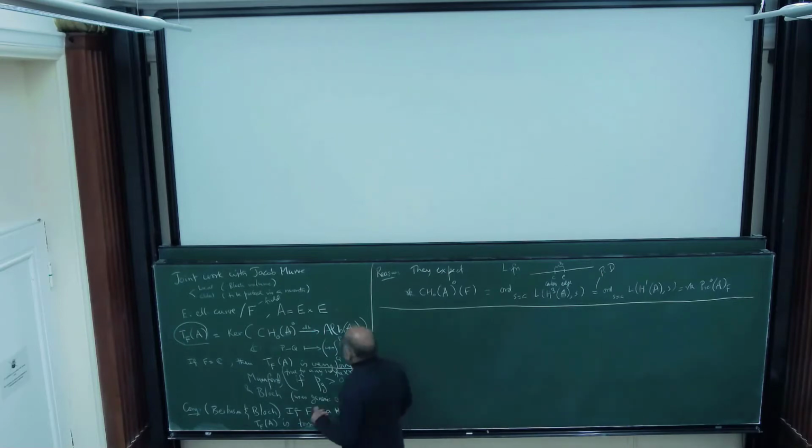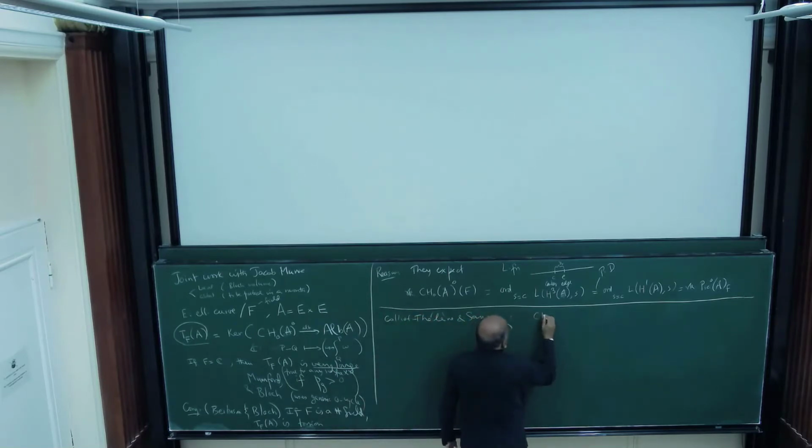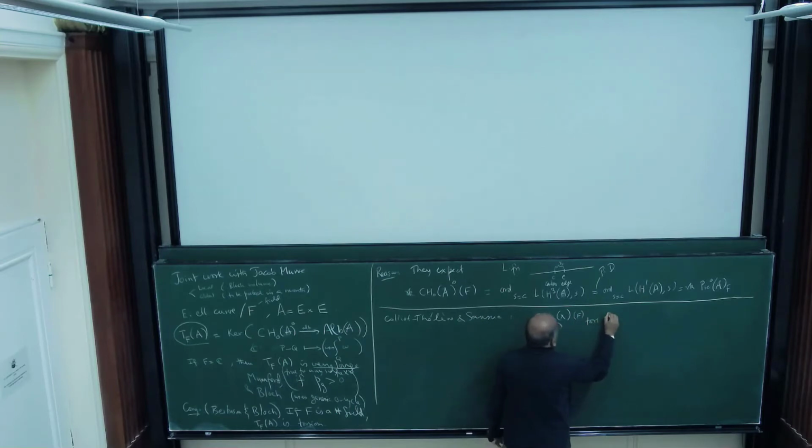As was pointed out, Colliot-Thélène and Saint-Donat conjecture that the torsion in the Chow group is finite.